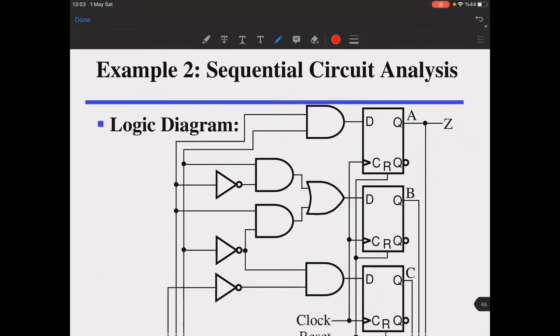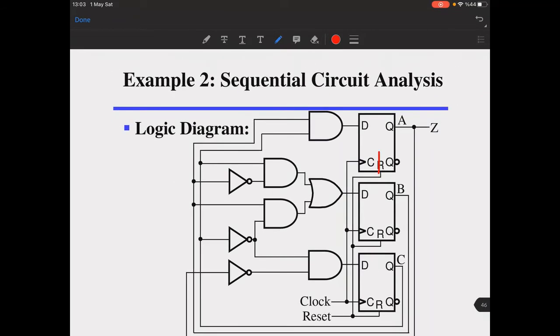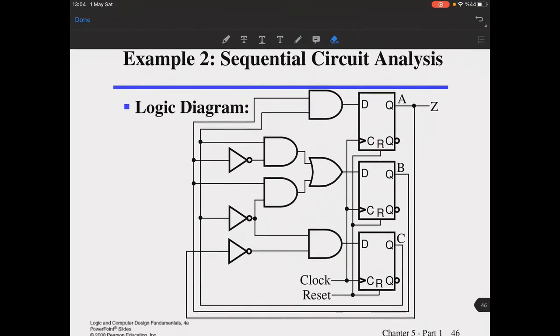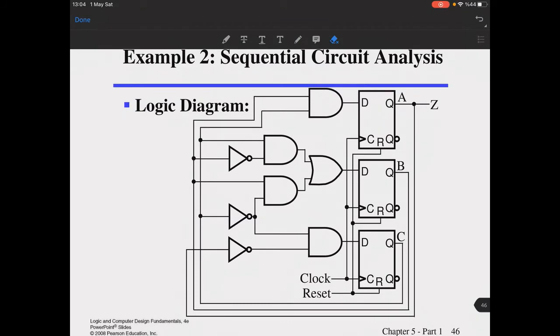Now, let's try to analyze this sequential circuit. What is going on here? Okay, now you can see that your Z(t) is A(t) directly. If you put this in a box, there are no inputs here, maybe you noticed, but it's working like this.